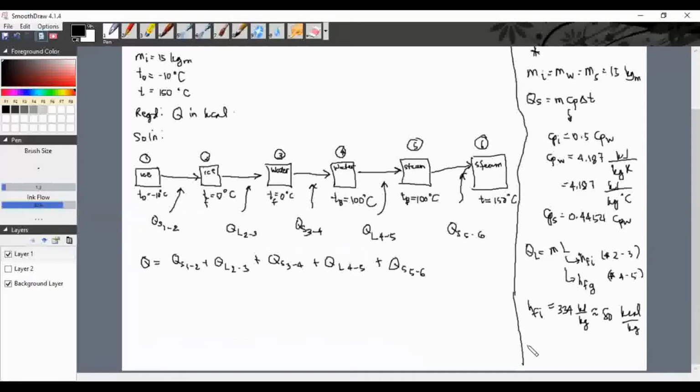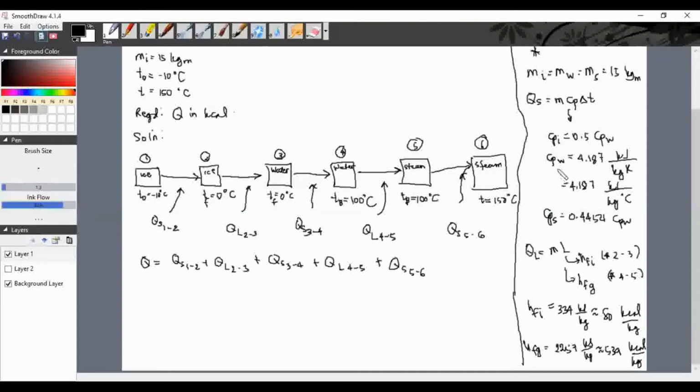And then we have latent heat of vaporization of 2,257 kilojoules per kilogram, or approximately 539 kilocalories per kilogram.